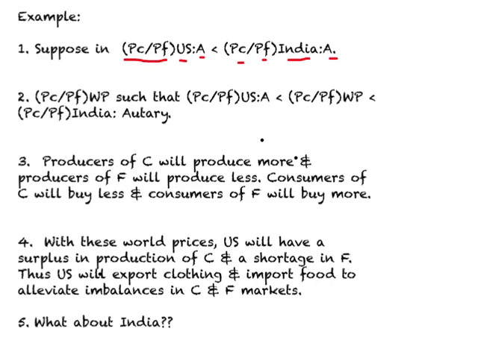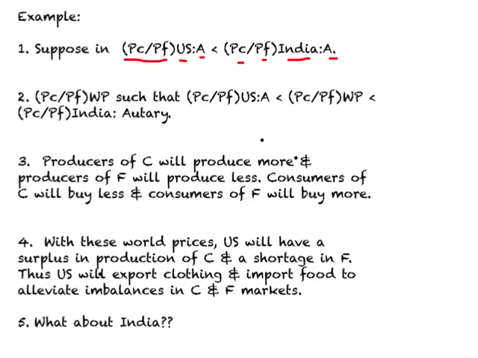Or in other words, the relative price of clothing in the US in autarky is lower than the relative price of clothing in India in autarky. This statement also means that, relatively speaking, the price of food in the US in autarky must be greater than the relative price of food in India in autarky.